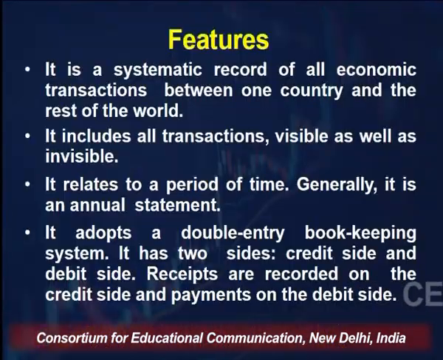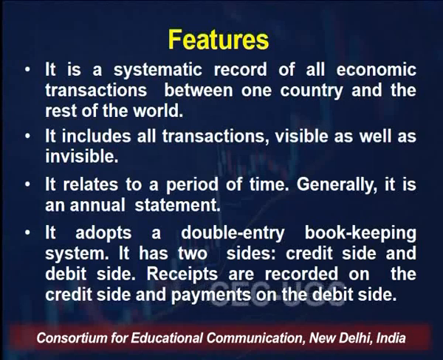Now, what are the features and characteristics of the balance of payment? First, it is a systematic record of all economic transactions between one country and the rest of the world. Second, it includes all transactions, visible as well as invisible.